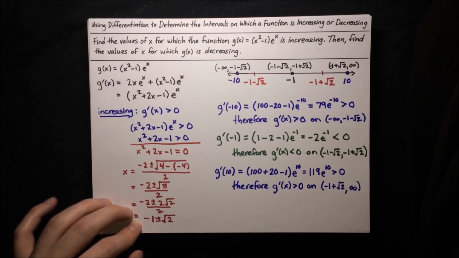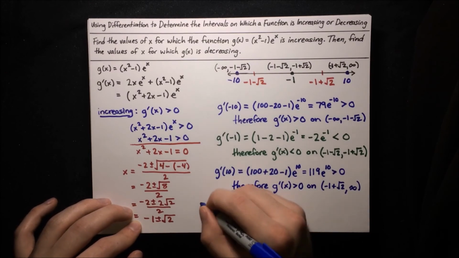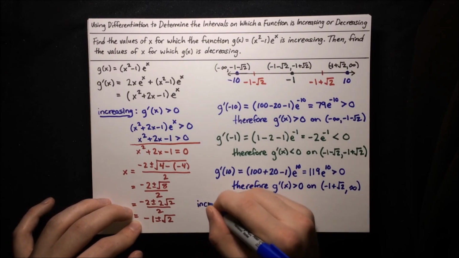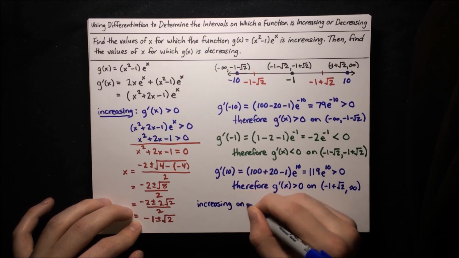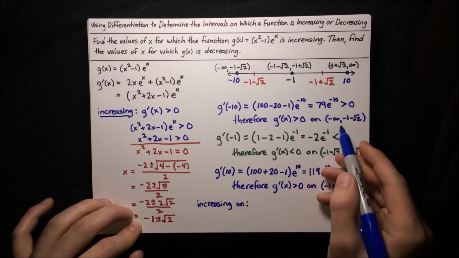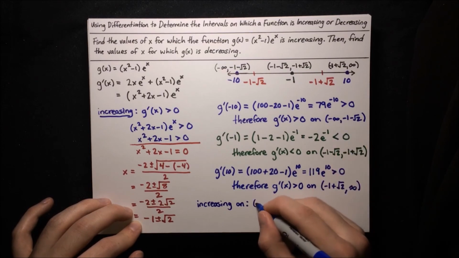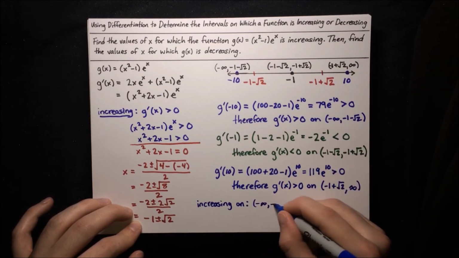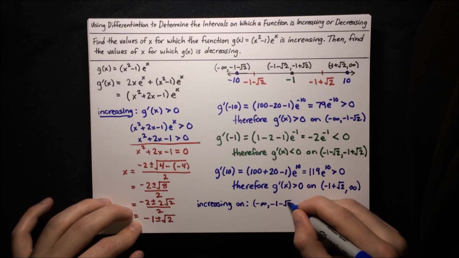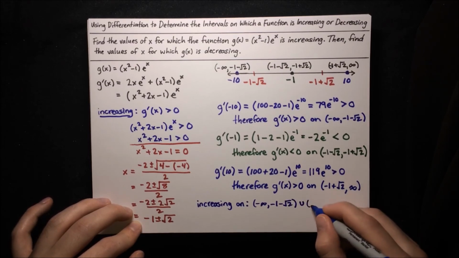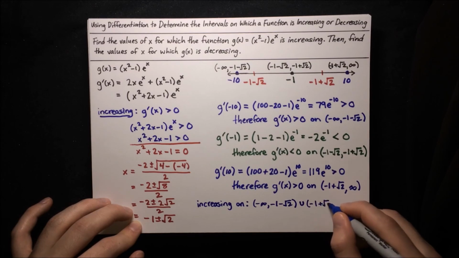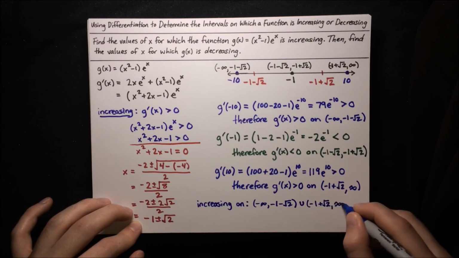And finally, we can write down our final answer. g of x is increasing on the following intervals: first, this interval here, negative infinity to negative 1 minus root 2, and then also this interval here, negative 1 plus root 2 to infinity.